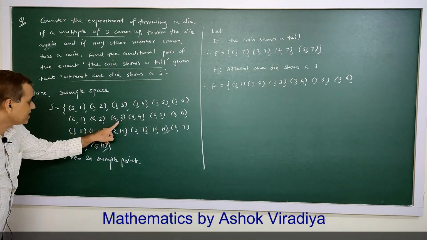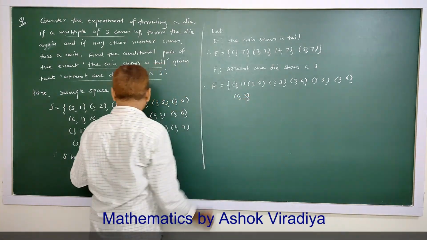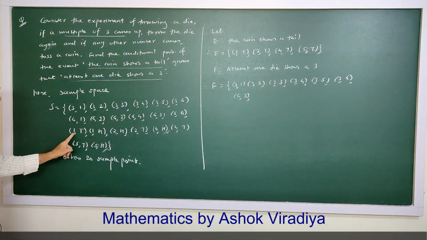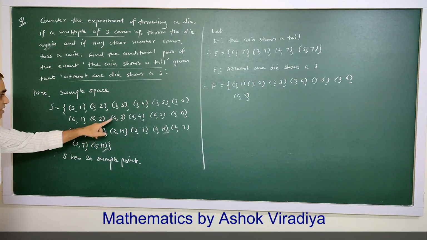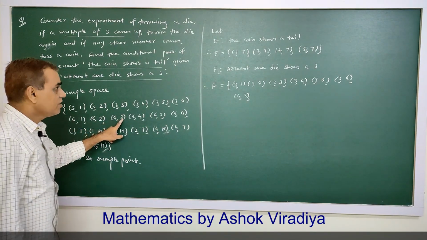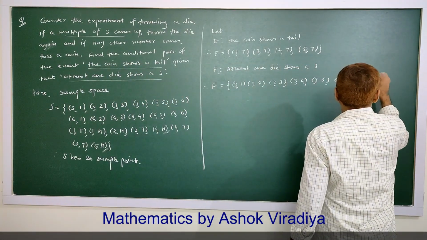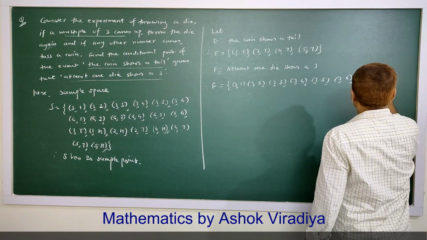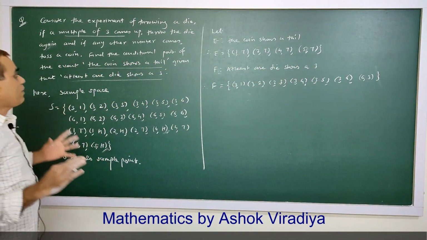Then here also it is 6 3. Here nowhere is there a 3, so only this was with a 3. So 6 3 was last entry. So this is event F.